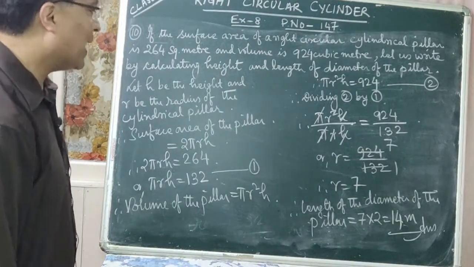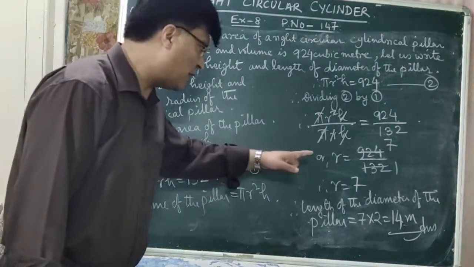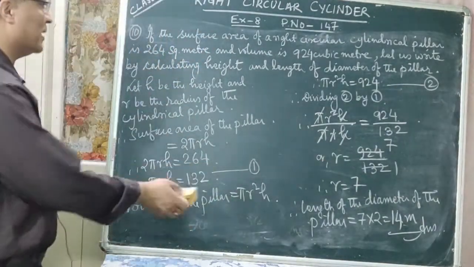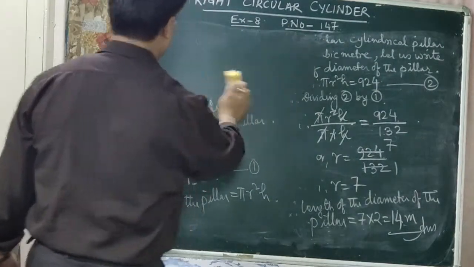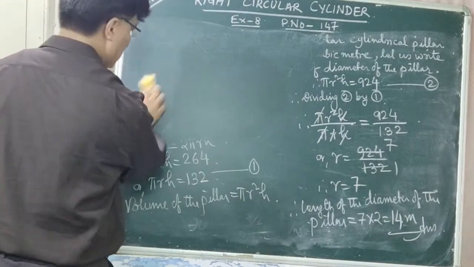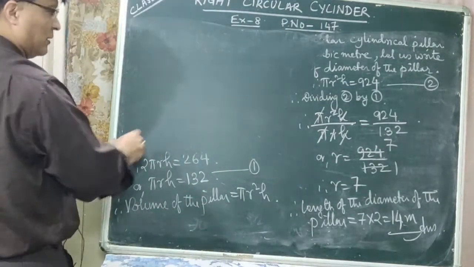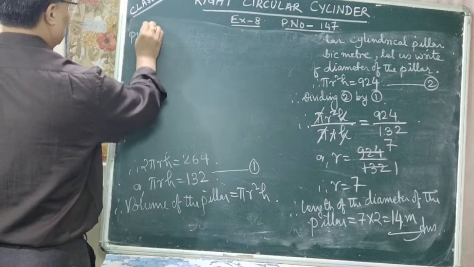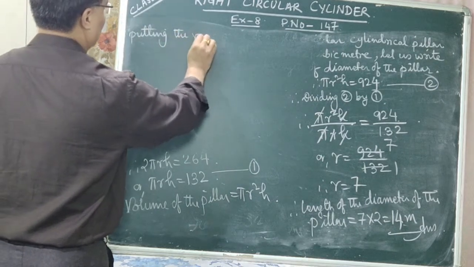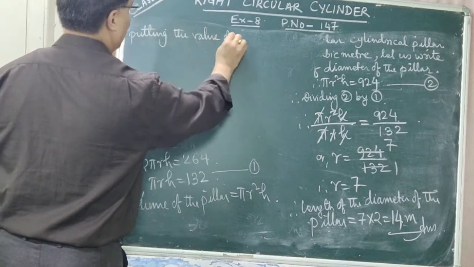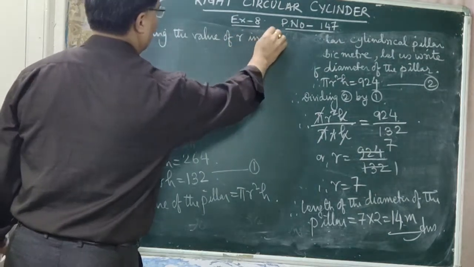Now we have to calculate the height. So let us put the value r is equal to 7 in number 1 to get the height of the pillar. Putting the value of r in number 1.